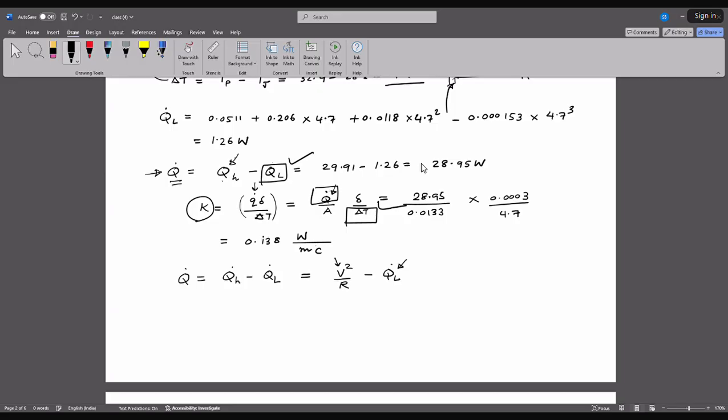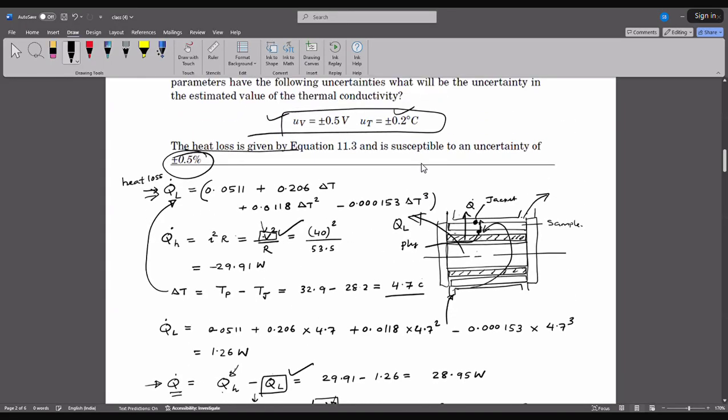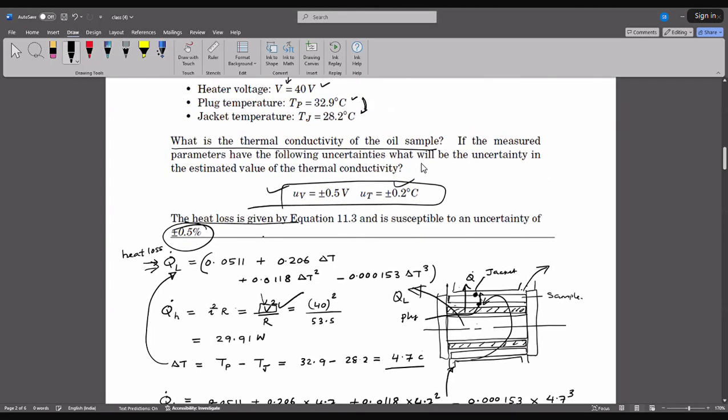The uncertainty in the potential U of V is plus minus 0.5 volt.